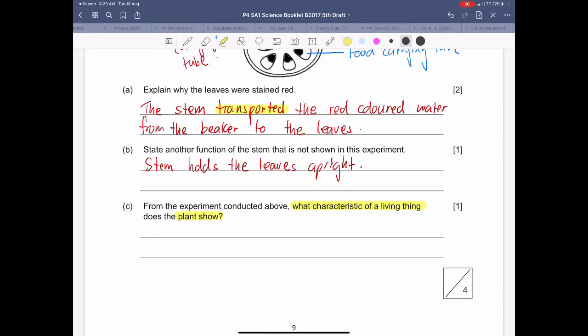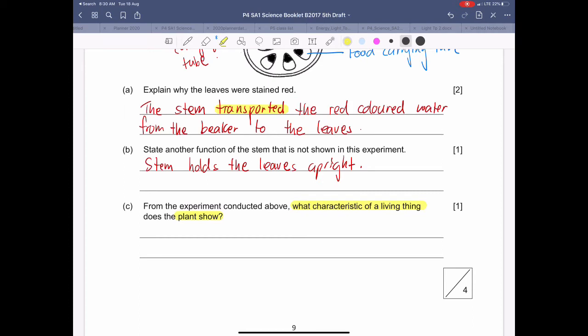Excuse me, are you sure that this experiment shows that it needs air? Did you remove the air in one experiment and repeat it with another experiment with air to show that the plant needs air? You didn't. So how can you say that this experiment shows that a living thing needs air to survive? It doesn't show that.